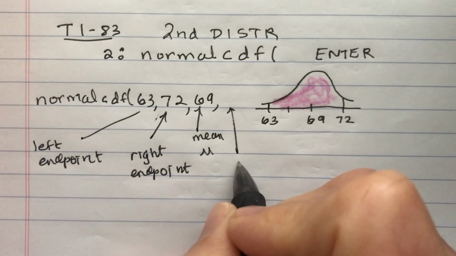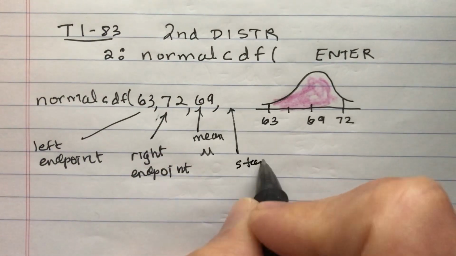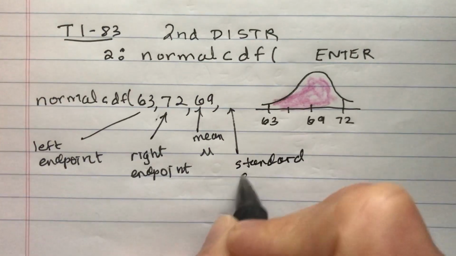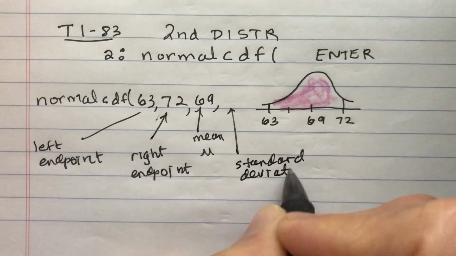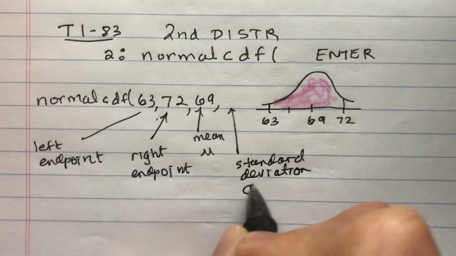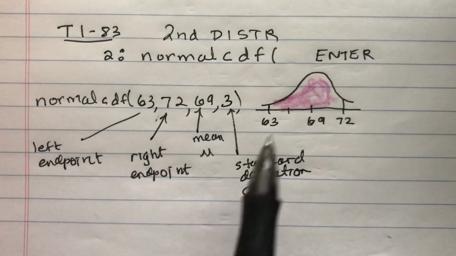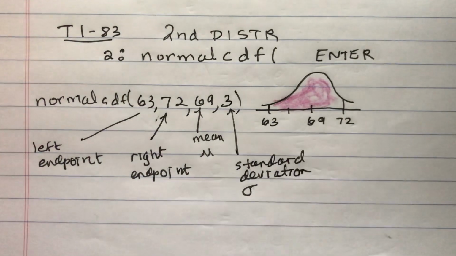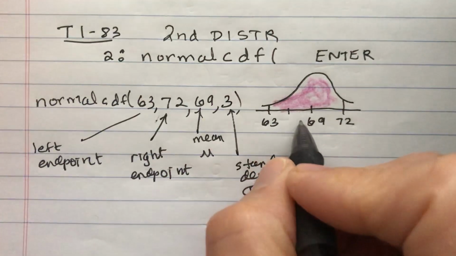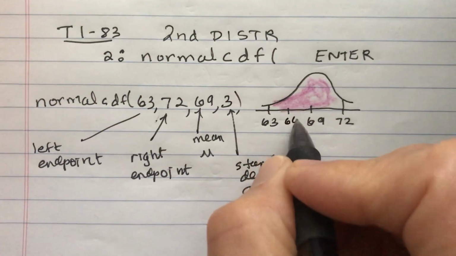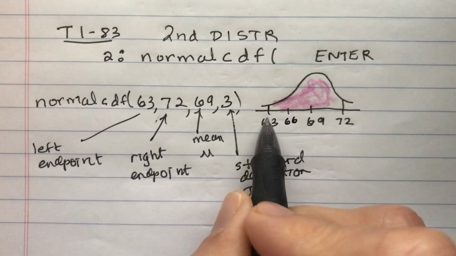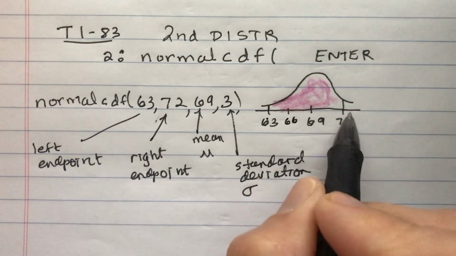Standard deviation is very important for a population because it tells us how spread out the population is. What we're looking at is 2 standard deviations below the mean up to 1 standard deviation above the mean.